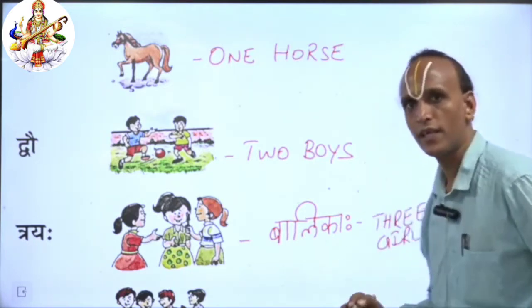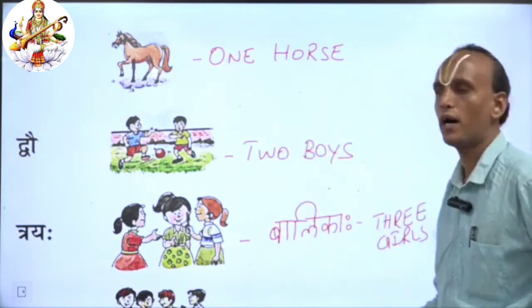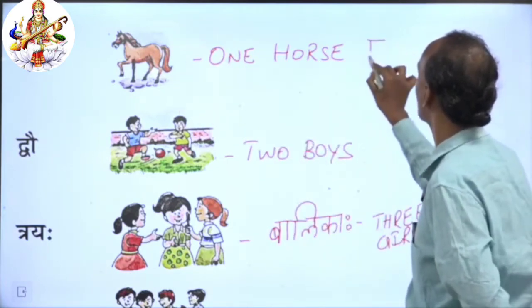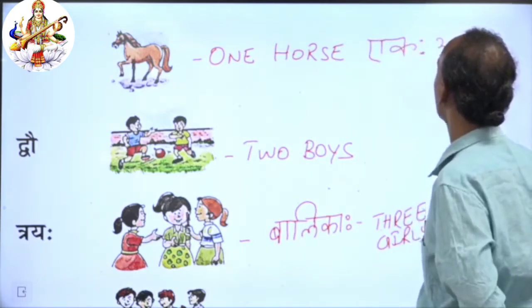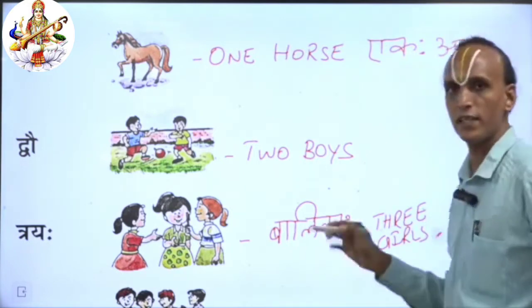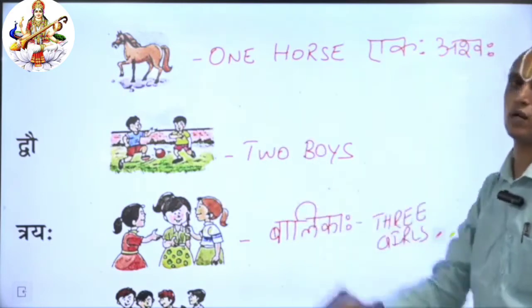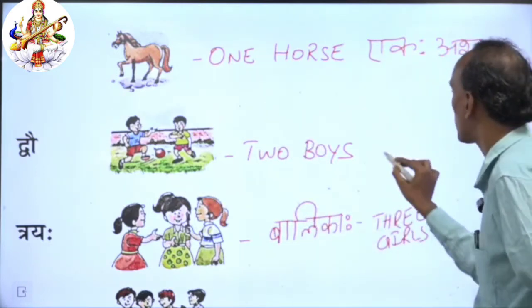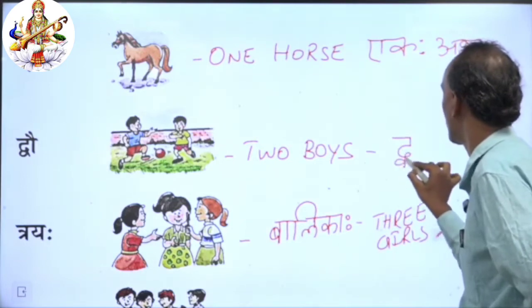Okay? See here. Ekaha Ashvaha. Ekaha Ashvaha means what? One horse. Okay? Then Dvau Balakau. Dvau Balakau means two boys.